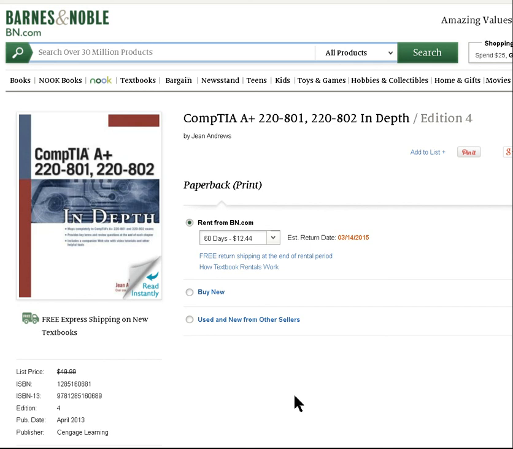Celeron, Celeron desktop, Celeron D, 1.6 to 3.6 gigahertz, 533, 667, 800 megahertz FSB, frontside bus, 128 kilobytes to 1 megabyte cache.